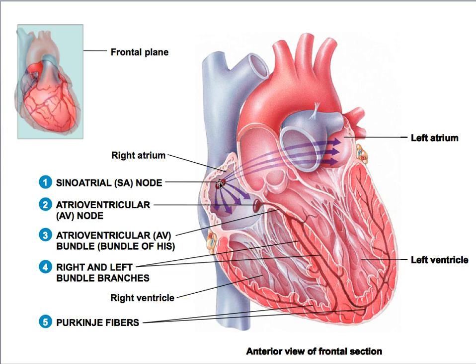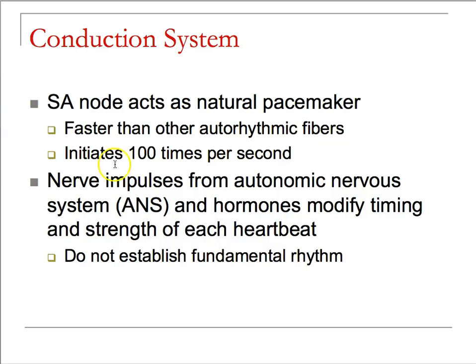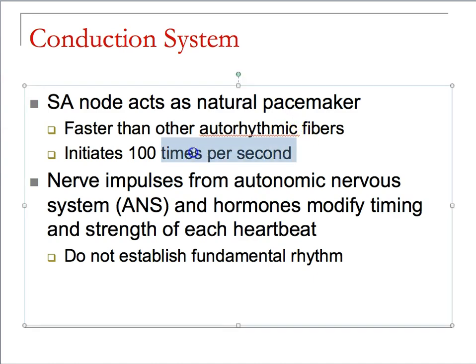Notice that we have to have the SA node depolarized first. It regulates the depolarization of the AV node, which then regulates the depolarizations of cardiac muscle fibers inside the ventricles. Okay? So the SA node is that natural pacemaker. It initiates about 100 depolarizations per minute.